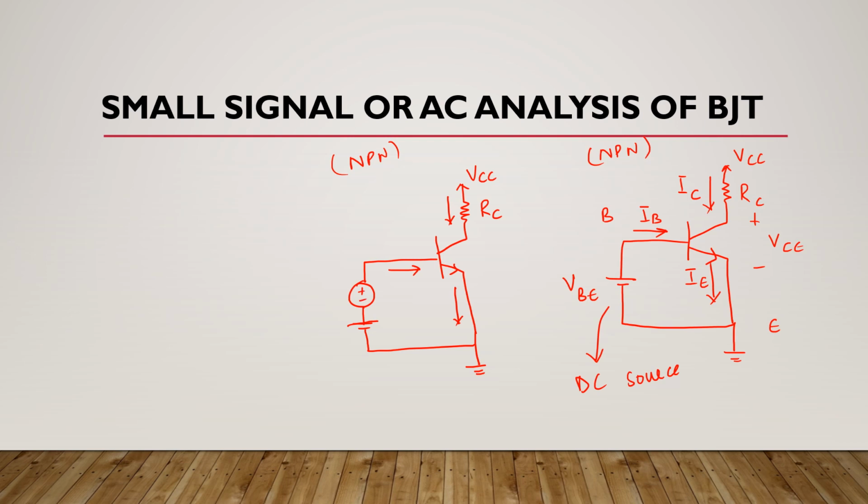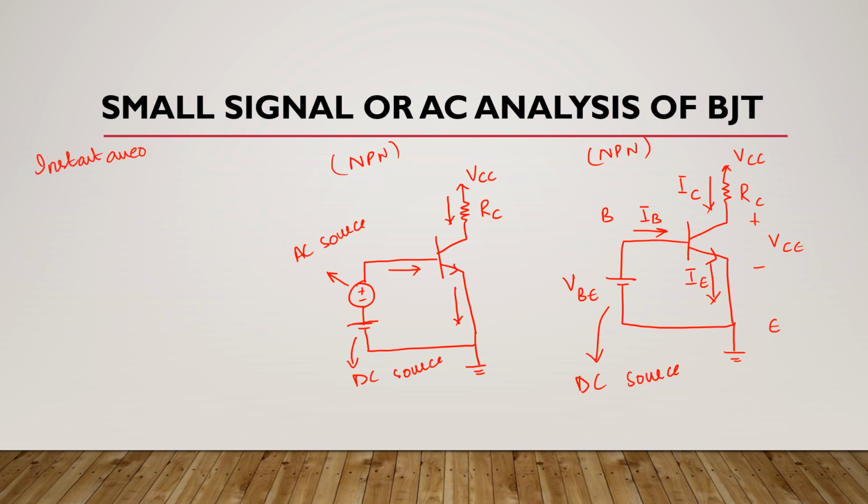Here we have this source and here we have this another source. Now we know that this is a DC source and this is an AC source.